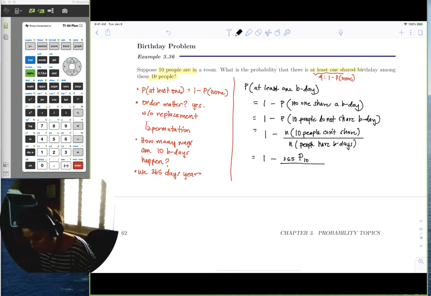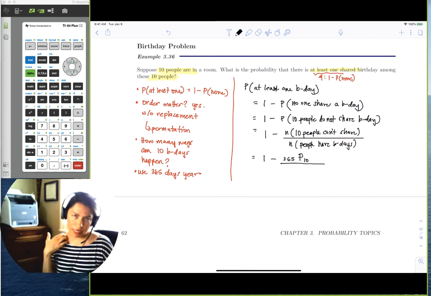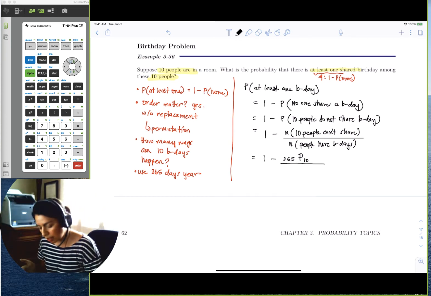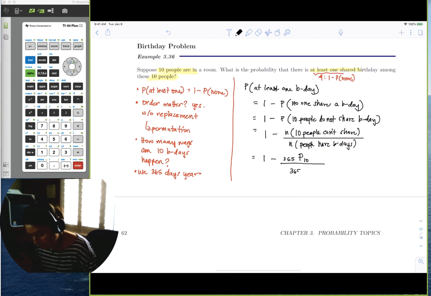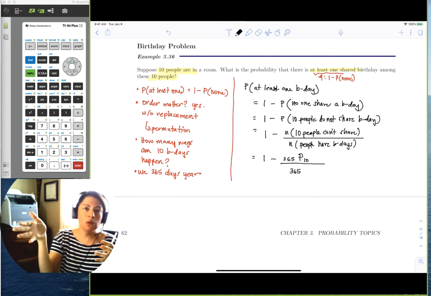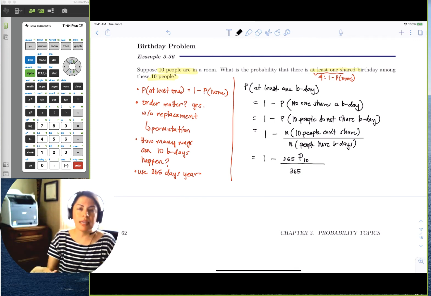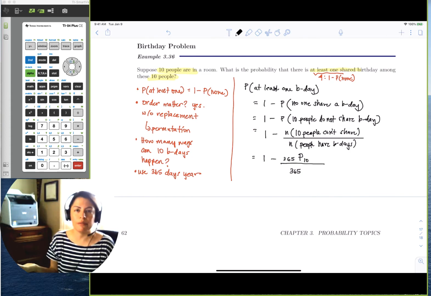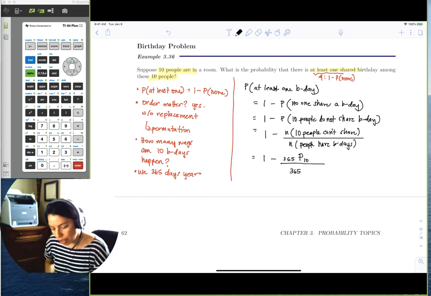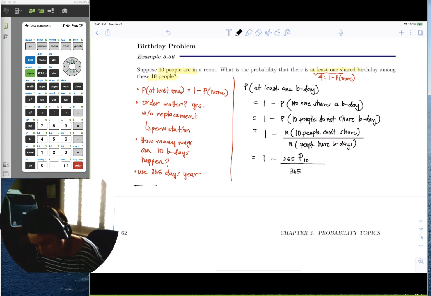But if we just look at all the people having birthdays out of 10 people, whether they share or not, the first person would have 365 days to pick, and the next person says, well, it doesn't matter if we share or not, I could pick that same day, so I still have 365 days to pick from. And the second person, and the third, all the way up to how many people? 10 people. So if I just draw a little spaces over here, 7, 8, 9, 10.